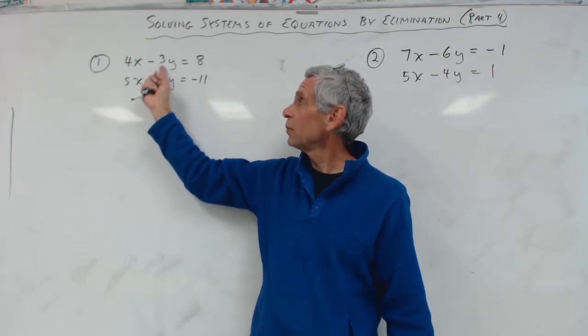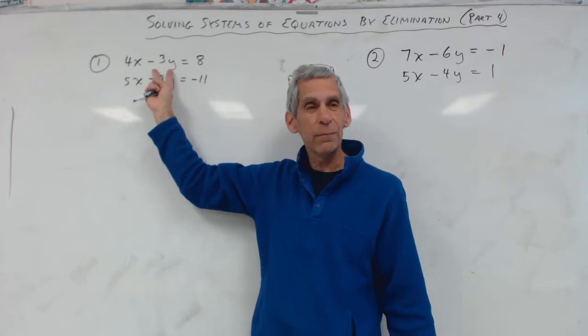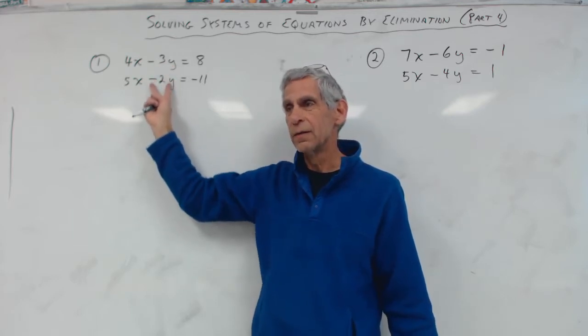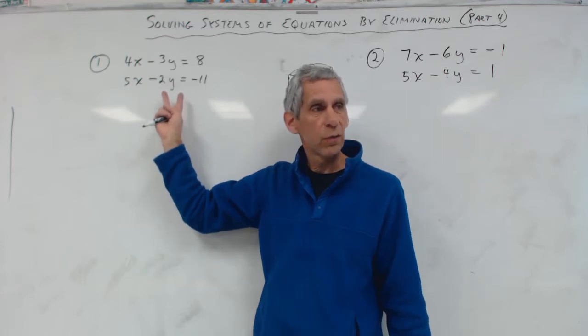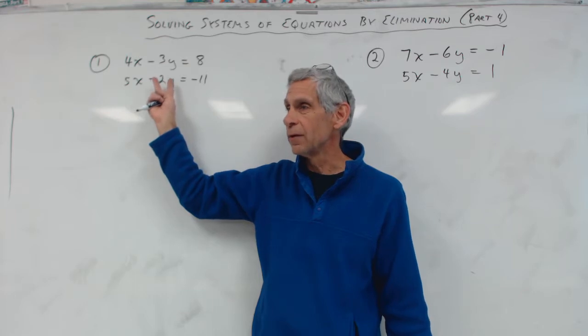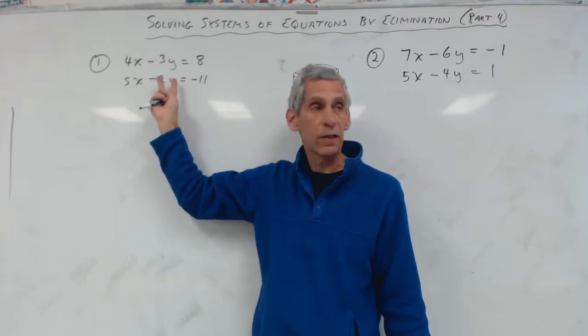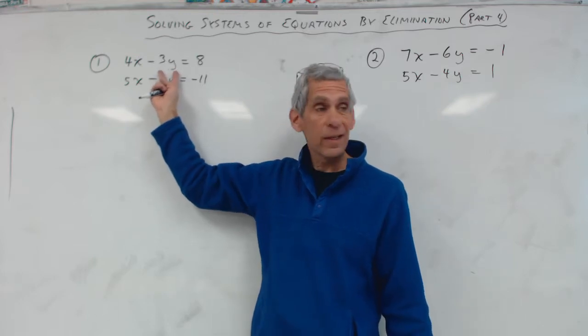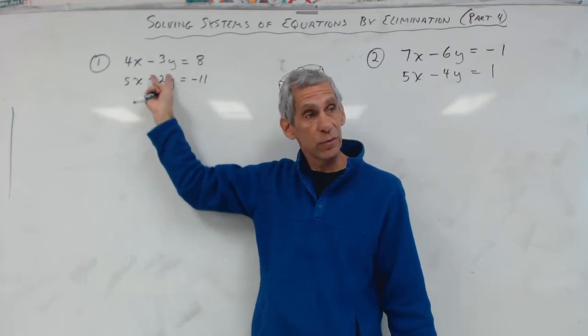I'll choose my smaller ones so that I'm dealing with smaller numbers. It's sort of like thinking about what the common denominator would be between 2 and 3. If you were adding fractions and 2 and 3 were in the denominators, what would be your common denominator? 6, right? Because 6 is the first number that both 2 and 3 go into.